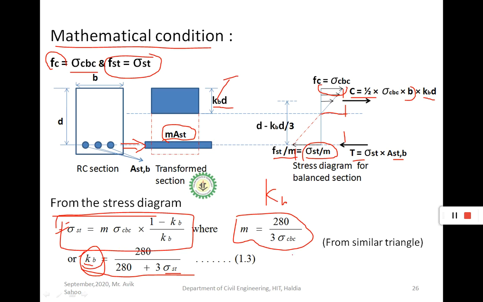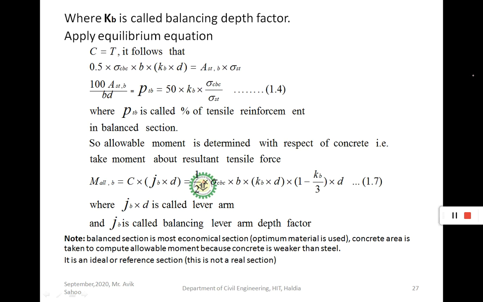For different grades of steel, permissible stresses are different. Those values are constant, so it only depends on the grade of steel, and this is equation 1.3, where kb is called the balancing depth factor.